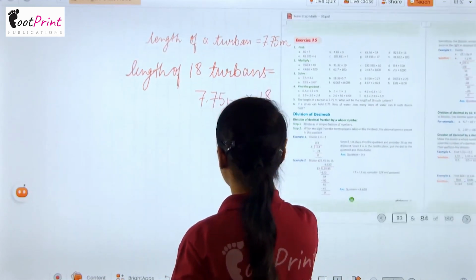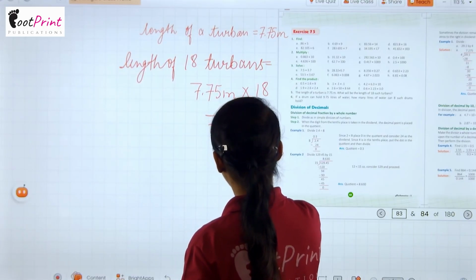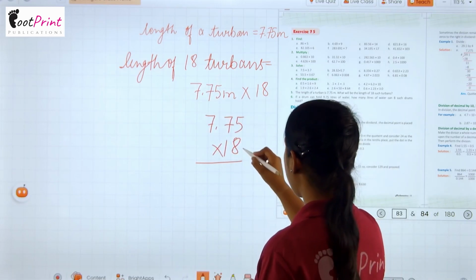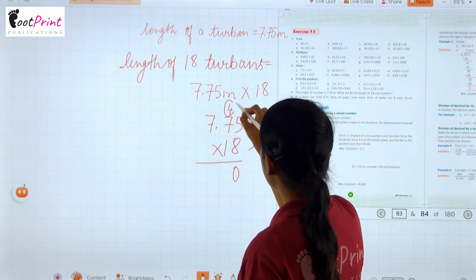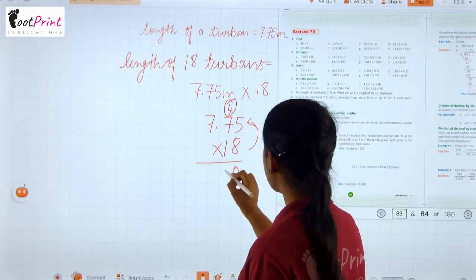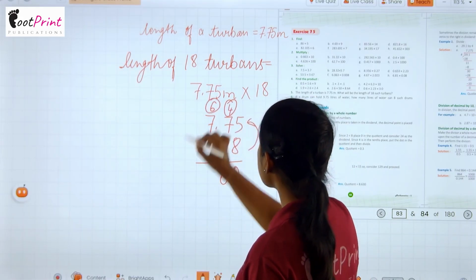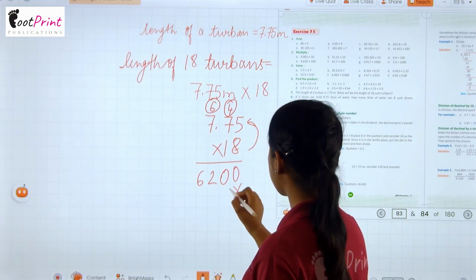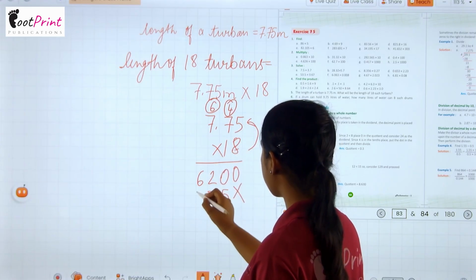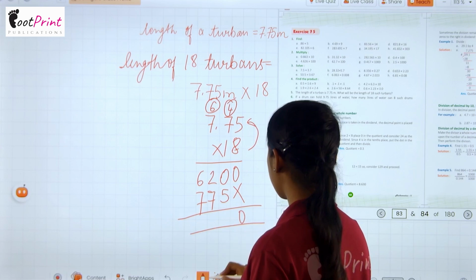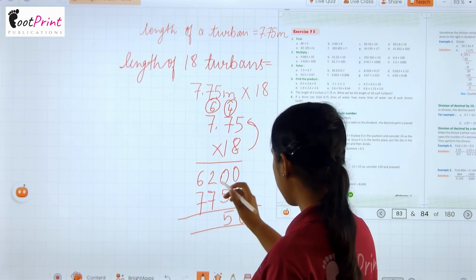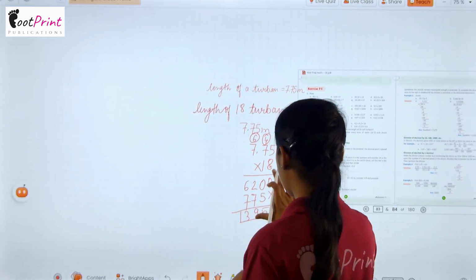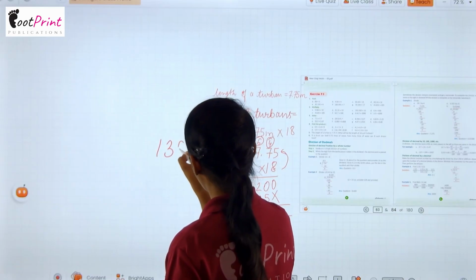Now we will solve it. Here 7.75 multiply by 18. Okay. Now we will multiply. 8 5s are 40. 4 is carry here. 8 7s are 56 and 4 is 60. Here 6. 8 7s are 56 and 6 is 62. Okay, now 1 5 is 5, 1 7 is 7 and 1 7 is 7. Now we will add it. We get 0, 5 and 0 is 5, 2 and 7 is 9, and 6 and 7 is 13. Okay, so now our answer is 13950.